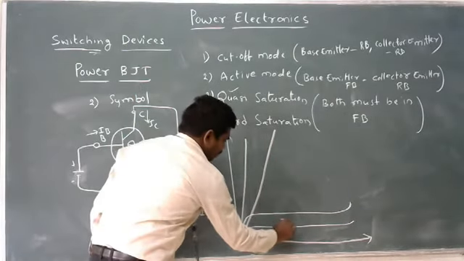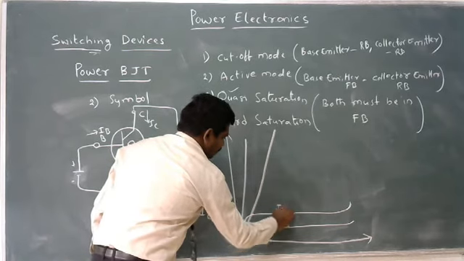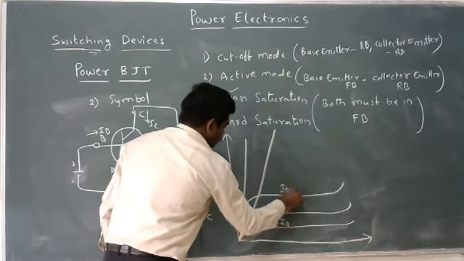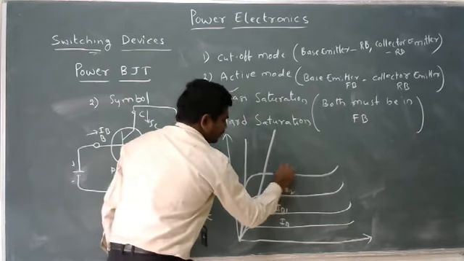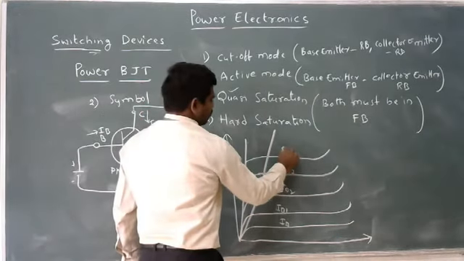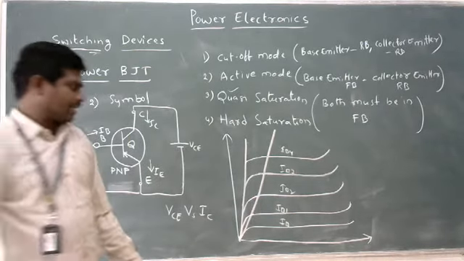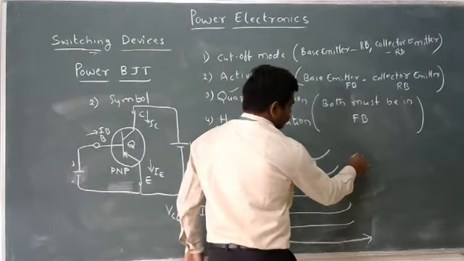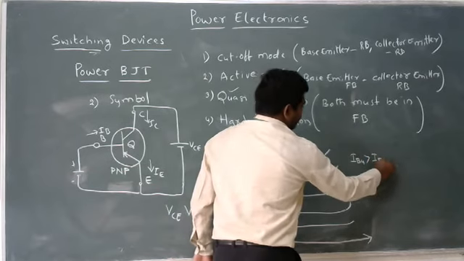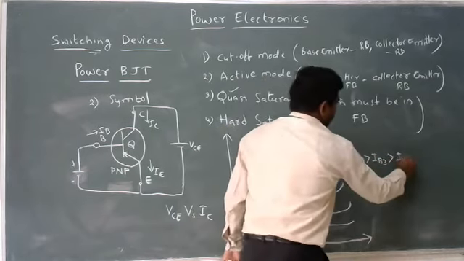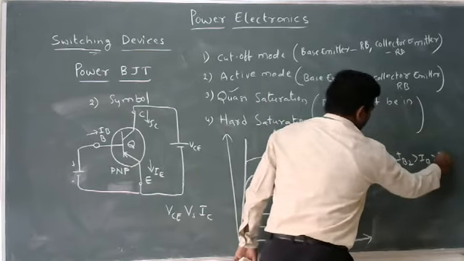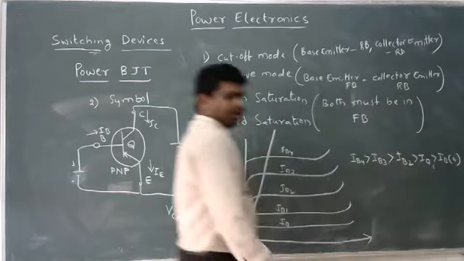This is IB1, IB2, IB3, IB4, where IB4 is greater than IB3, greater than IB2, greater than IB1 and IB. IB equal to 0 is here.